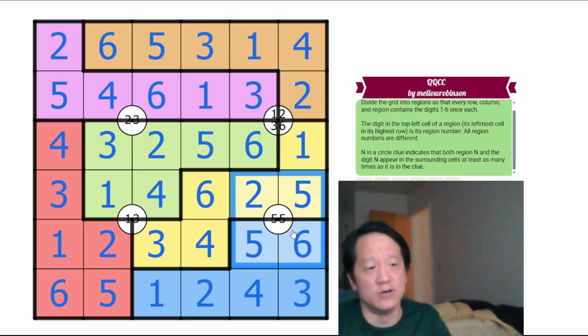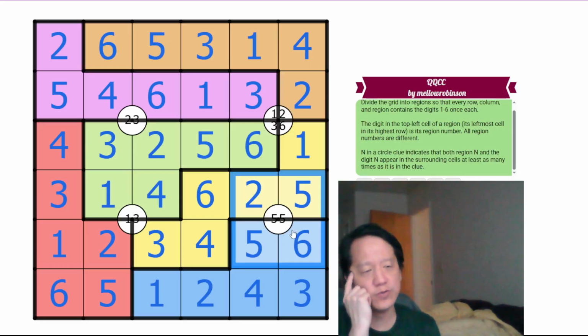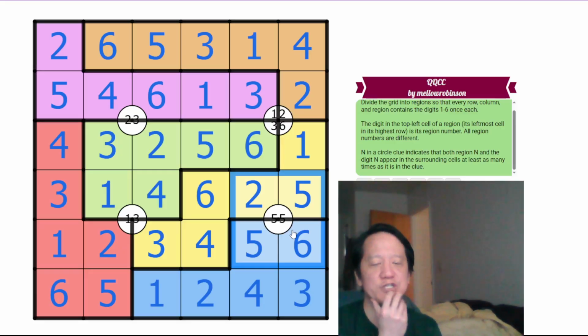Anyways, that's a very, very cool thought exercise with the region numbers and where they can go. Hopefully you weren't confused.